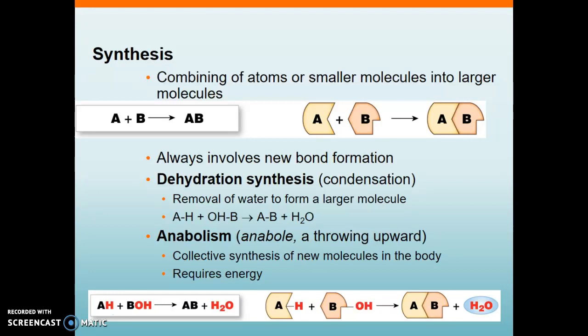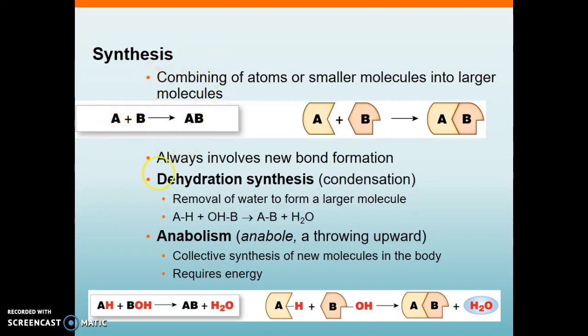The second type of chemical reaction is synthesis, that is combining atoms to form a larger molecule. Here A plus B are the reactants, AB is the product. With the last one, with decomposition, we added water to break it down. Now, to build, we take away water.